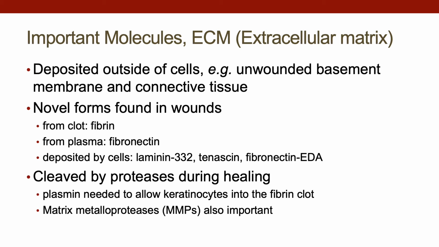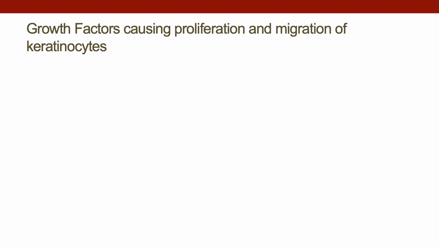And then the connective tissue in the wounds is also cleaved by proteases in some cases to aid during healing. So the plasmin that I talked about in terms of fibrinolysis cleaves the fibrin and lets the keratinocytes migrate into the fibrin clot. And then matrix metalloproteases are also important in this. And various growth factors can cause proliferation and migration of the keratinocytes that are reepithelializing.